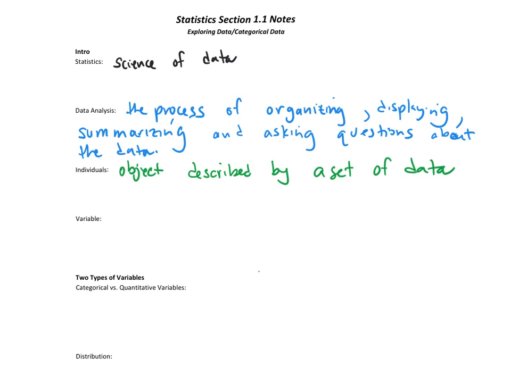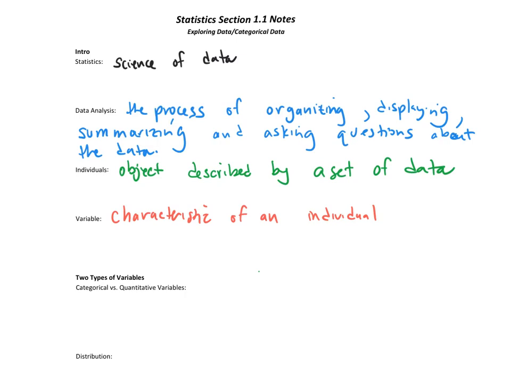And then we have a variable. A variable is going to be the characteristic of the individual. So the individuals are the people. They could also be things; they don't necessarily have to be people. And the variable is something that's describing that individual. If I have people in the class as my individuals, their favorite color could be the variable I'm interested in, because that is some kind of information about that group.